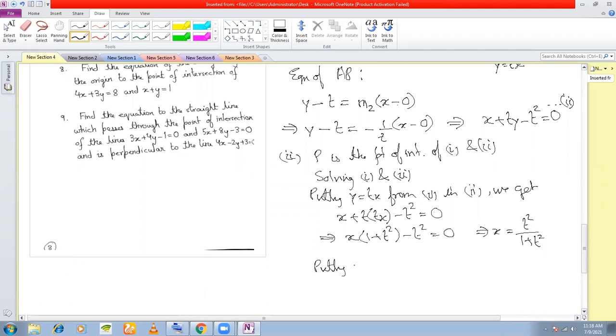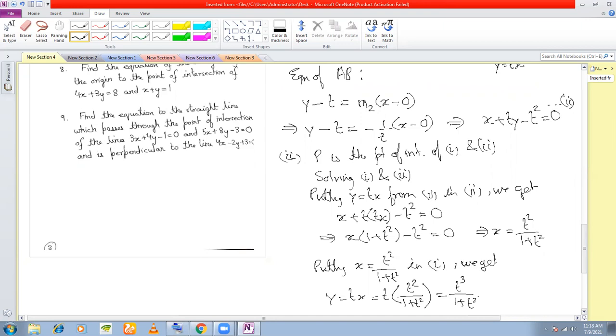Putting x is equal to t square by 1 plus t square in 1, we get y is equal to tx, which is equal to t times t square by 1 plus t square, which is equal to t cube by 1 plus t square, right?